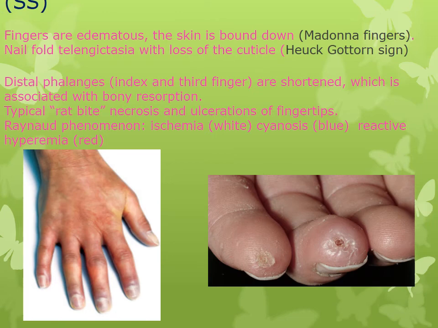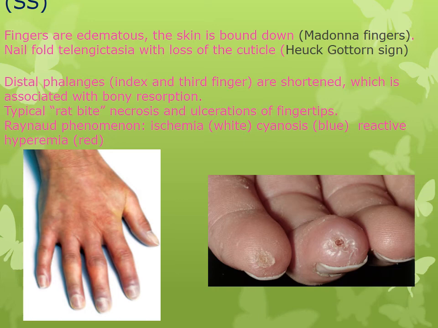In examination of the fingers, in early disease the fingers are edematous and the skin is bound down, and the term Madonna fingers is given to describe this. There may be nail fold telangiectasia with loss of the cuticle, which is named Hutchinson sign.